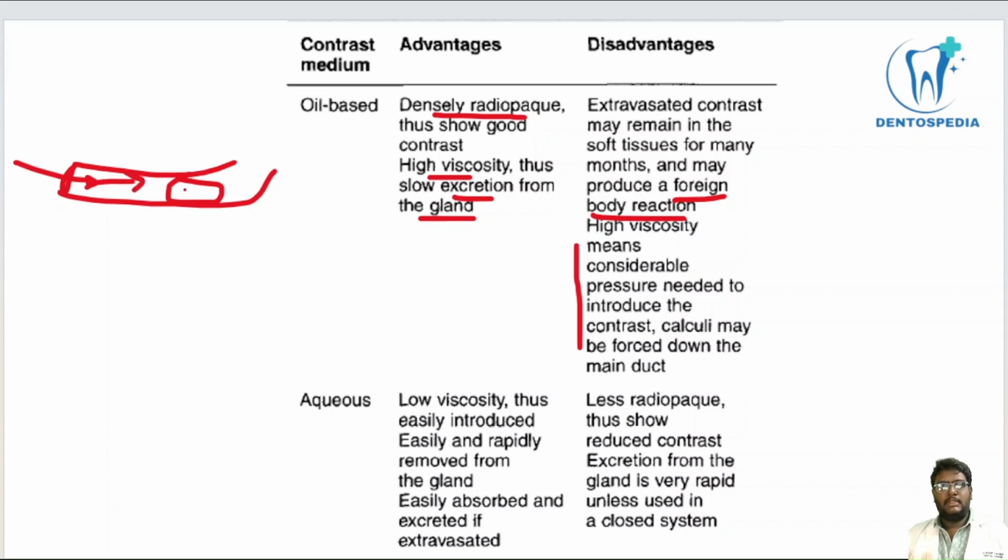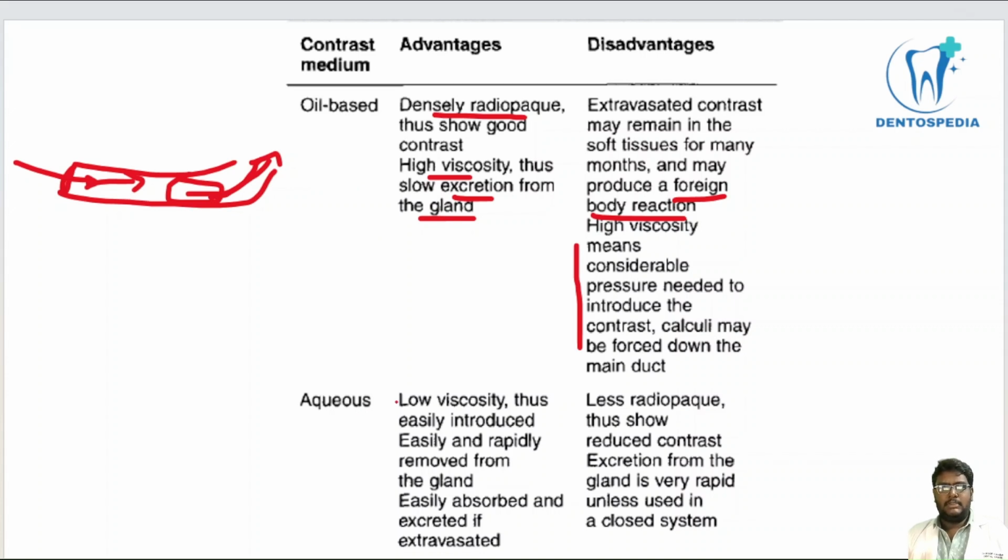Because of the high pressure, this stone might get deeper, even though it is superficial at present. Because of the injection of the contrast media, the stone might get dislodged deeply. So we are complicating the case. So they have their own advantages and disadvantages.